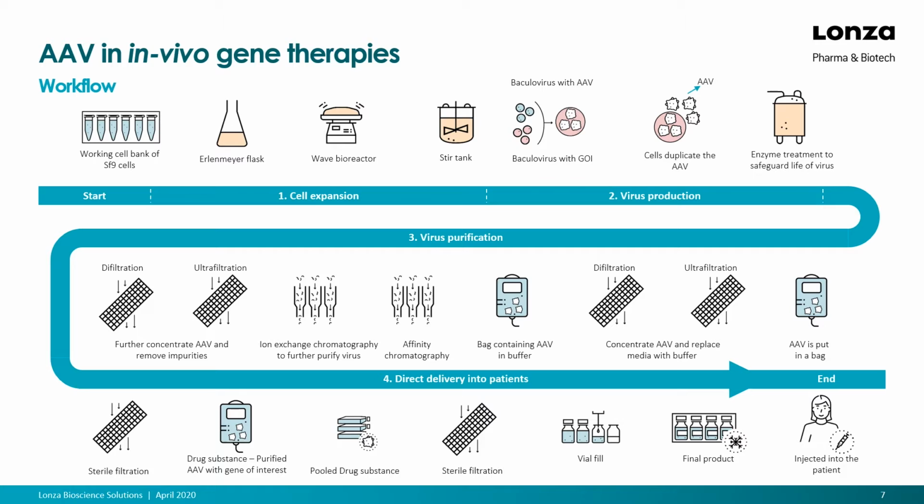The first baculovirus contains all the genetic material necessary for the cells to generate the AAV particle. The second baculovirus contains the gene of interest that will cure the target disease. After the infection, the cell will continue to produce AAV particles with the gene of interest for several days.